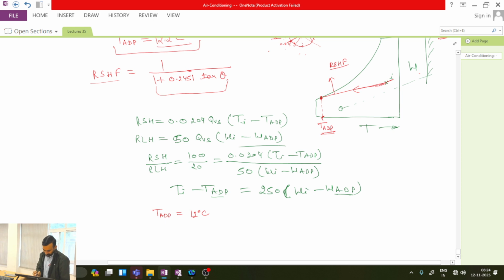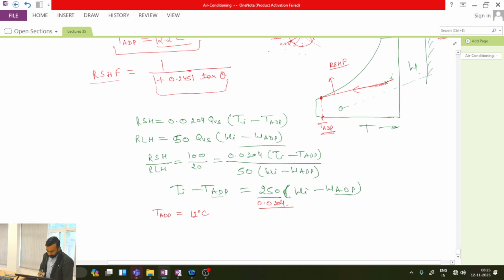After doing all the multiplications, 50 into 100 will become 5,000, and 250 divided by 0.0204. All are clear with this point?